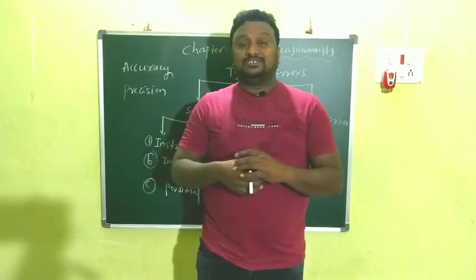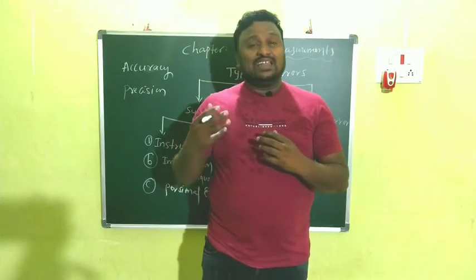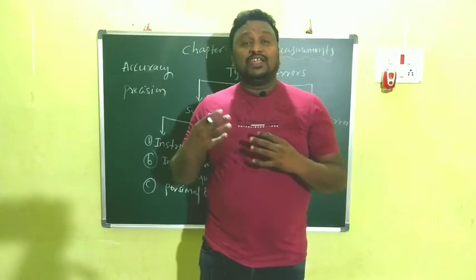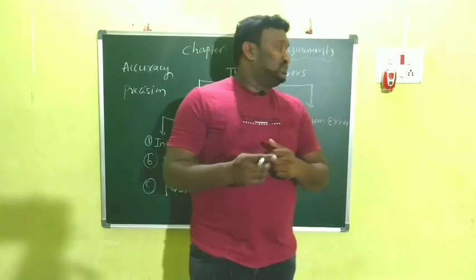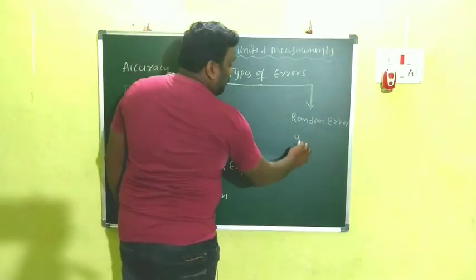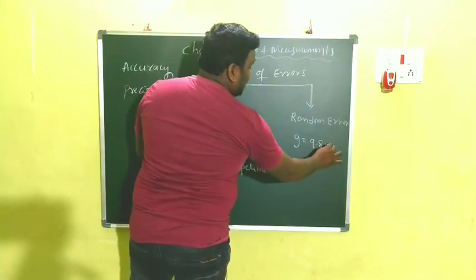Acceleration due to gravity. Its value is constant. We know that it is 9.8 meter per second square. So the g value is 9.8 meter per second square.